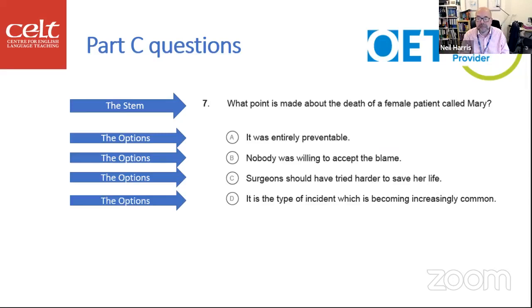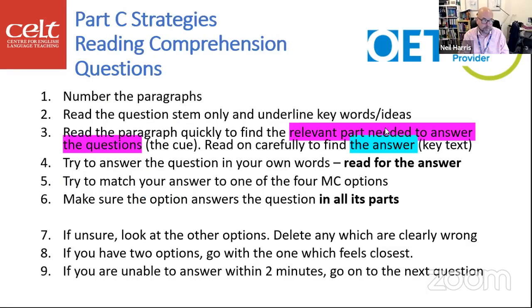What I'm going to do today is teach you how to read for the right answer, which will be one of these 4 options on screen. So what are the strategies and what do you know already about reading for success in reading part C?